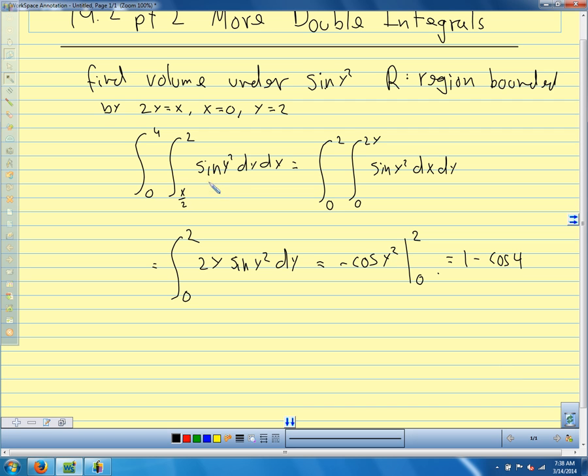So we changed it from an impossible integral to this.